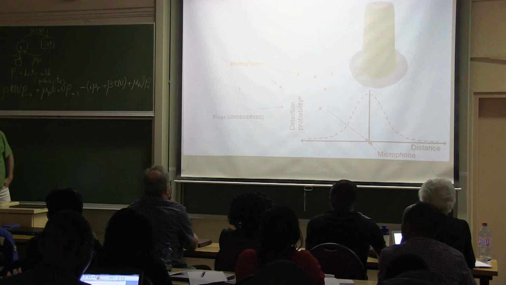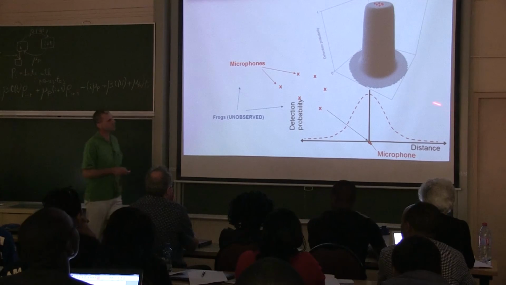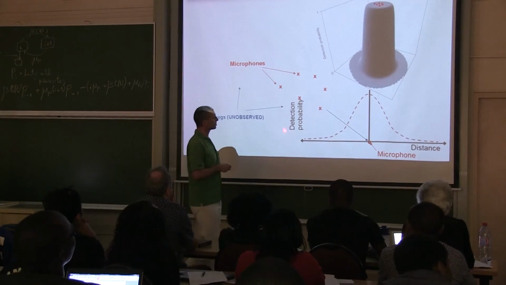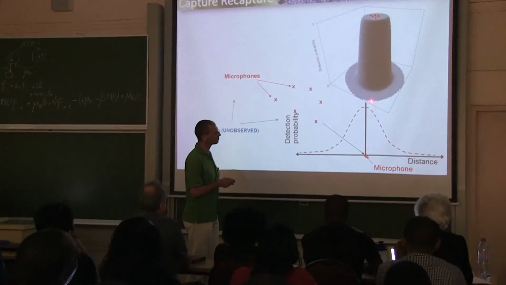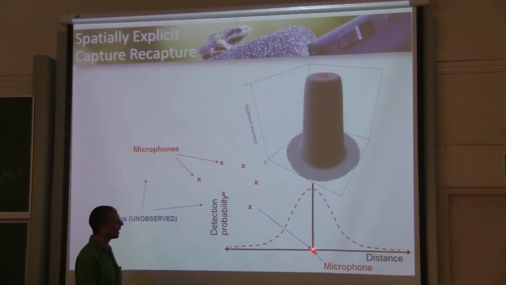That is more or less covered here. So this is the detection probability. Each microphone has a detection probability function. And as the frog moves away from the microphone, it has a reduced detection probability.